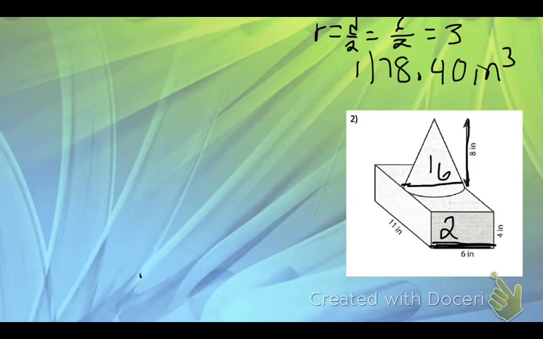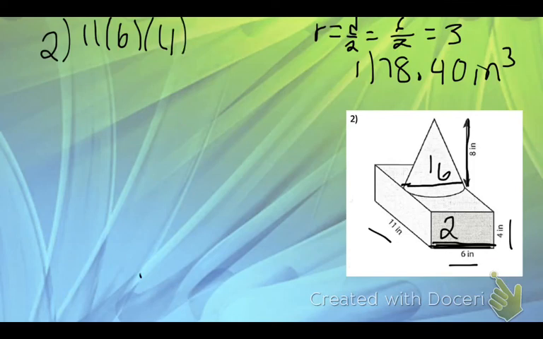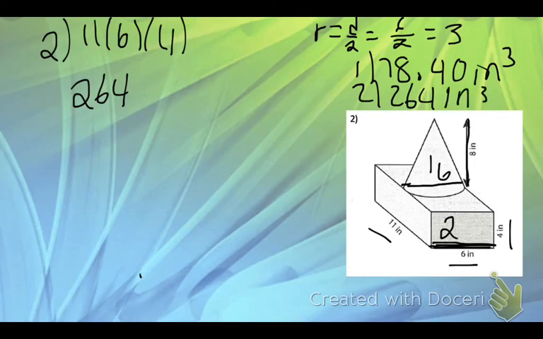Okay, and then our next shape, again, the rectangular prism is very easy. It's length times width times height. So 11 times 6 times 4. All right, 11 times 6 times 4 is 264. So our second shape is 264 inches cubed.